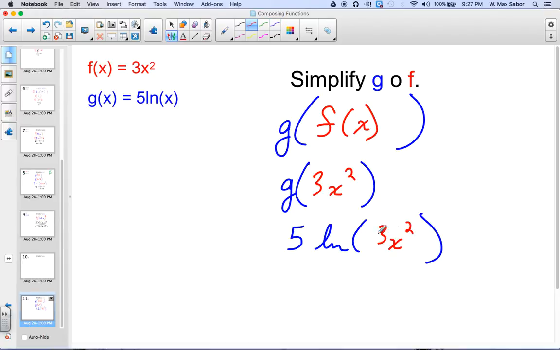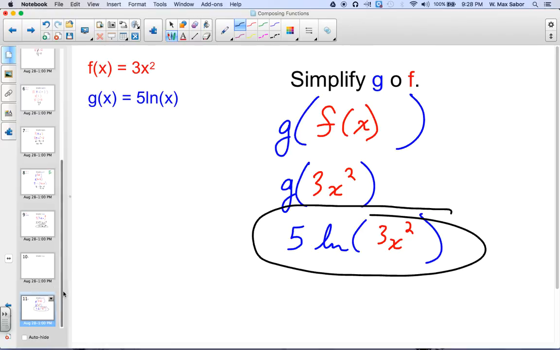Some people, I've seen them do 5 times natural log of x and then put 3x squared next to it. No, this input has to go in wherever x used to be in our outer function. And this is not going to go any further, so that's all set.